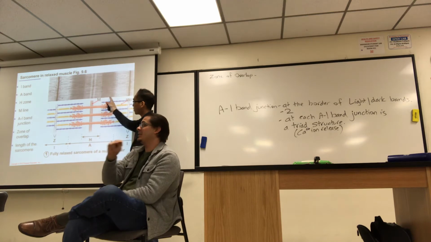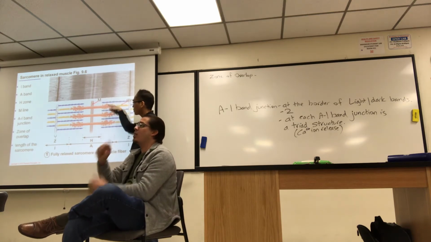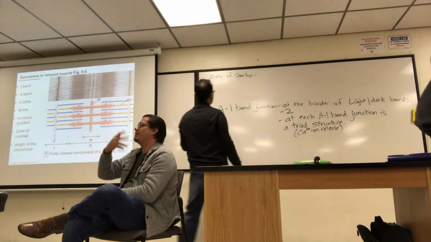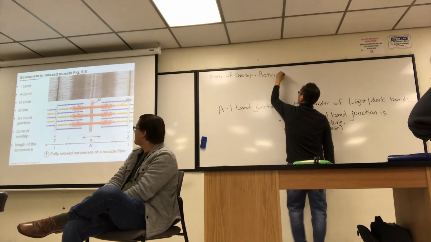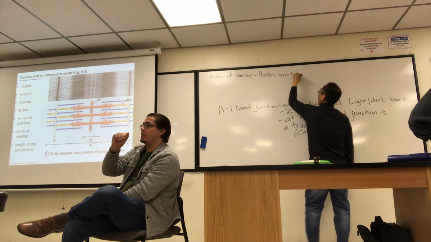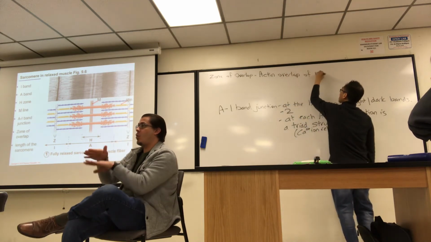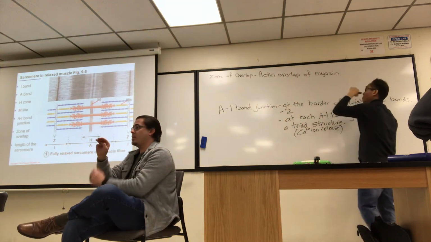It's where the banding would be the darkest because you have both of those proteins within it. Actin overlap of myosin. Okay, that's how we define it.